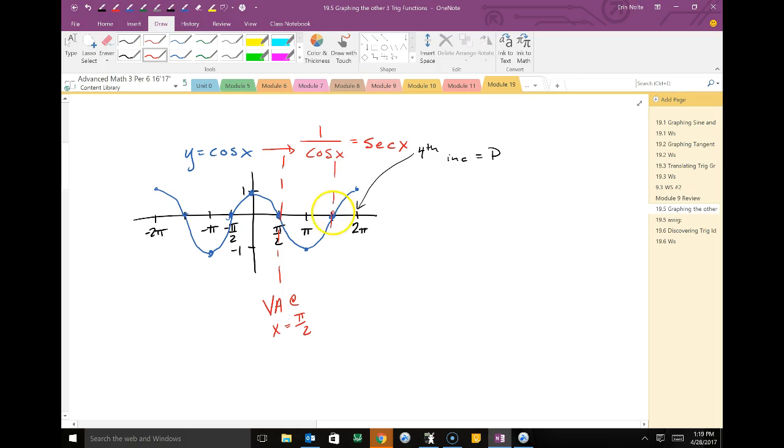This one is 3 pi over 2. I have one at negative pi over 2, and another one at negative 3 pi over 2. Everybody okay with where we found those? Yeah. Okay. I'm also going to draw my amplitude lines, which is where my sine or cosine function maxes out or mins out.